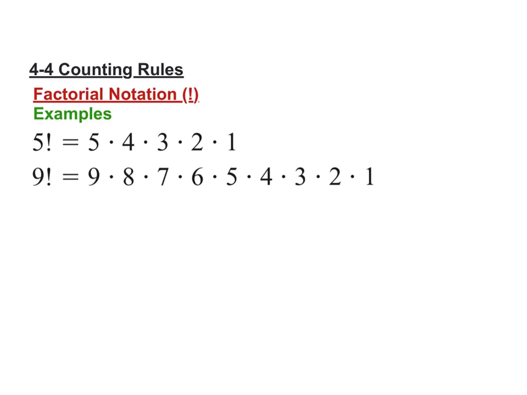So if you went to your normal screen and you typed 5, and then you hit the math button and scrolled over to PRB and hit 4, and then hit enter, it'll give you 5 factorial. It'll do this for you, and it is 120. Okay? Now do 9 factorial. See what that comes out as.